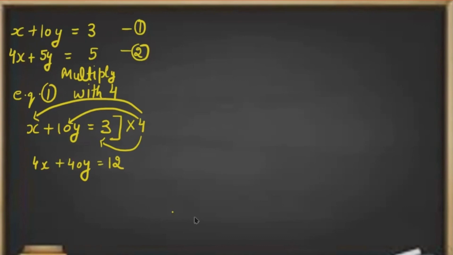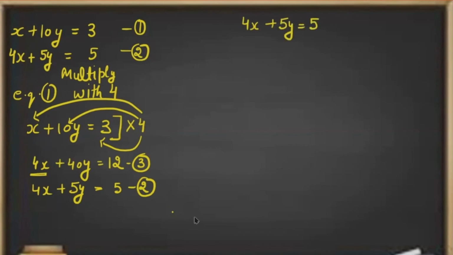So you can see the coefficient of x in this equation is equal to the coefficient of x in equation 2. In a similar way, we can multiply the second equation with 2 to make the coefficient of the y variable equal. Let's see. 4x plus 5y is equal to 5.